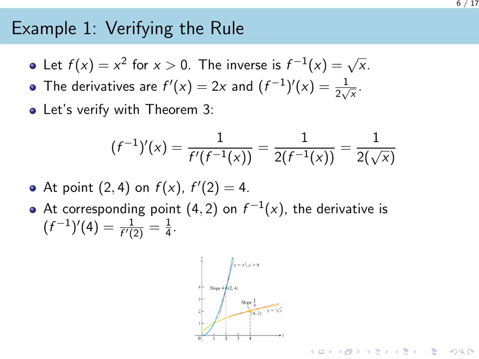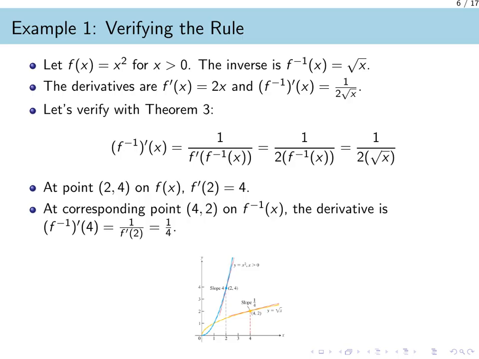Now, applying our theorem, the derivative of f inverse is 1 over f prime of f inverse of x. This simplifies to 1 over 2 times the square root of x, which is exactly the result we already knew.